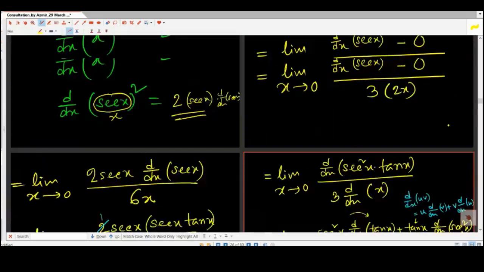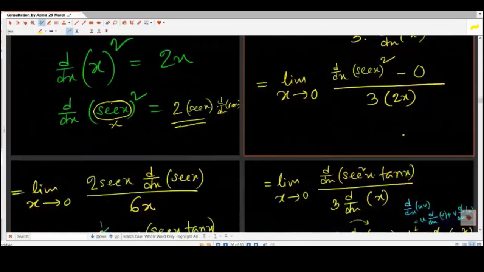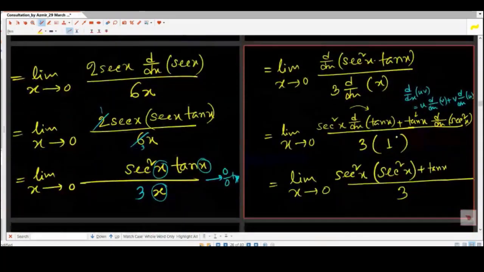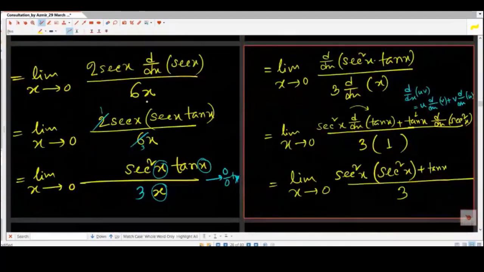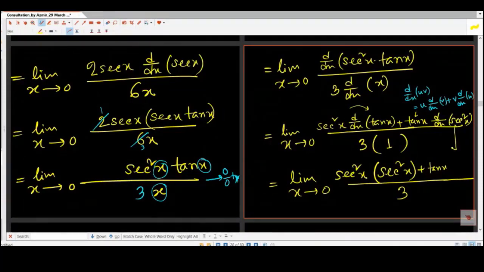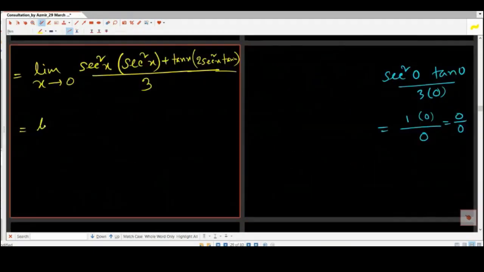Just now we have done the same thing. What is the differentiation of secant squared x? By using chain rule, we have found it is 2 secant x tangent of x. So the same thing is coming. I am writing directly here. That is 2 secant squared x times tan x. Limit x tends to 0.